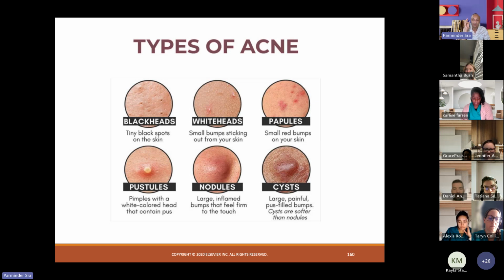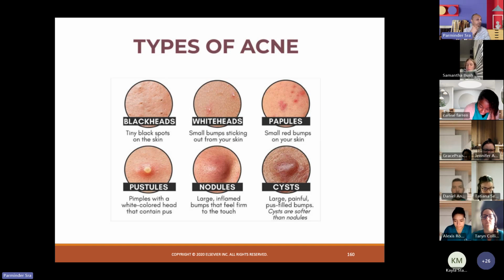So now, blackheads, whiteheads, what are these? They're called comedonal acne. Whiteheads are the closed ones. They're closed comedones where the pore is clogged with oil and dead skin cells, but remains closed at the surface, giving it that white appearance. Blackheads are open ones, where the pore is partially clogged.